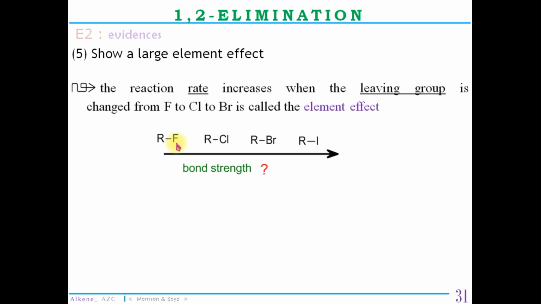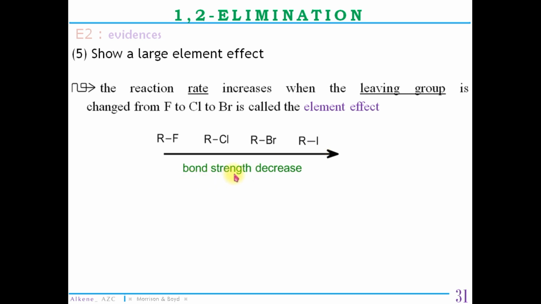Fluorine has the smallest diameter of the halides, and therefore this carbon-fluorine bond is the strongest bond of all alkyl halides, while in alkyl iodide, because iodine has the largest diameter of all halides, this carbon-iodine bond is the weakest. So bond strength decreases from the carbon-fluorine bond to the carbon-iodine bond.